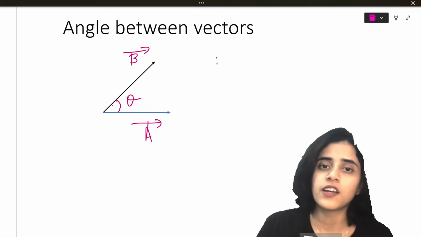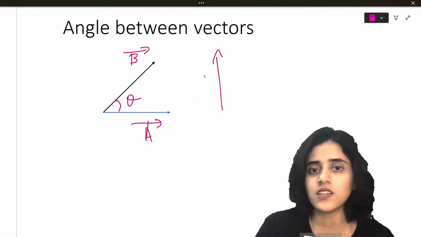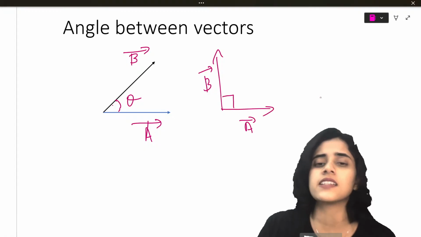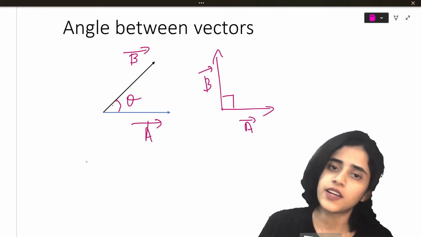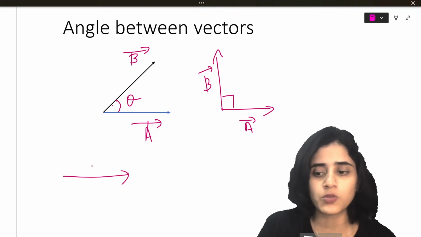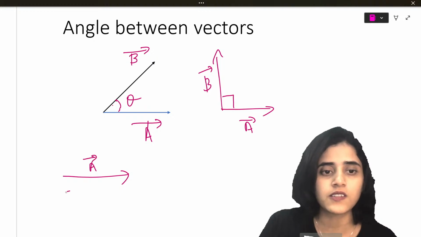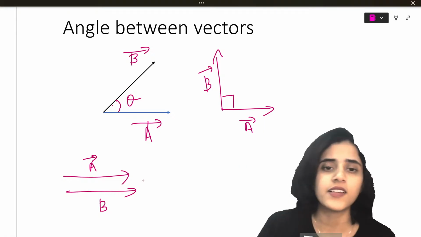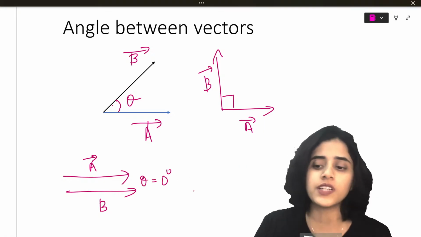Now I can have two vectors. This is vector B and this is vector A. Now the angle between them is 90 degrees. Or this could be vector A and this could be vector B. What is the angle between them? They're parallel, so the angle would be 0 degrees.